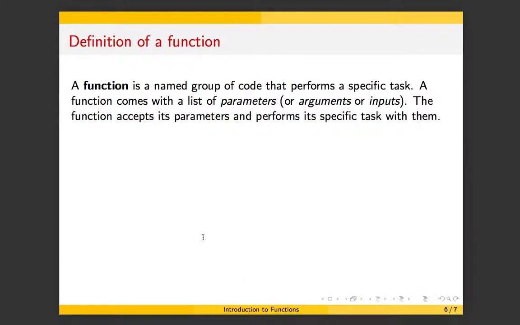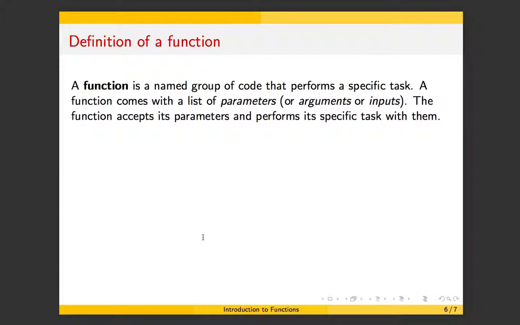So now let's actually talk about what a function is. This is still kind of abstract. It becomes much clearer when we have some examples in a second, but here you go. A function is a named group of code, so it has a name, and the reason it has a name is so you can grab it, so the computer knows what kind of code you're trying to grab. And it performs a specific task.